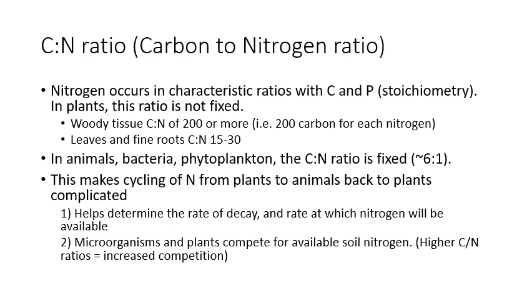And the higher the C to N ratios, the higher the competition. So what you need to take away from this slide is to understand that depending on the C to N ratio of the material that's coming into the system, the longer it will take the microbes to digest it, and the slower it will take for the nitrogen in that plant tissue to cycle back into this ecosystem and be available for plants again.